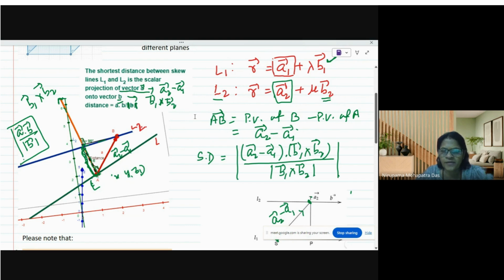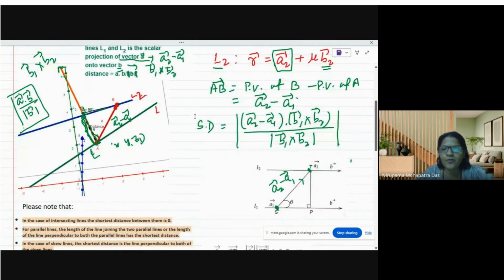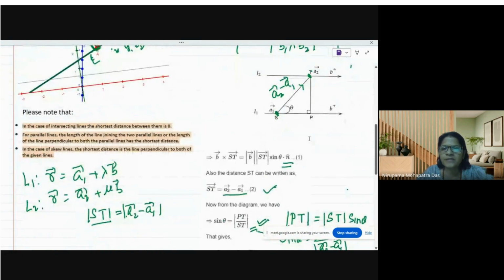So you visualized the skew lines, how they are neither parallel nor intersecting, and also how to find the distance between two skew lines. Now, as I said earlier, whenever you look at the equation of the line, you can't distinguish whether the lines are skew or non-skew.